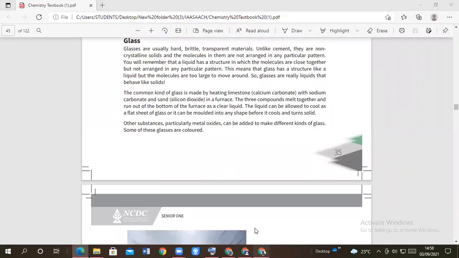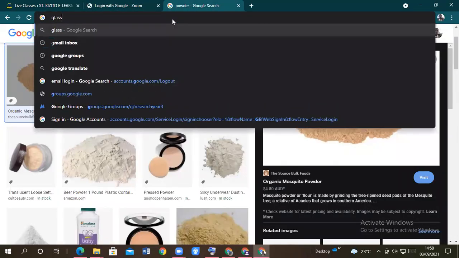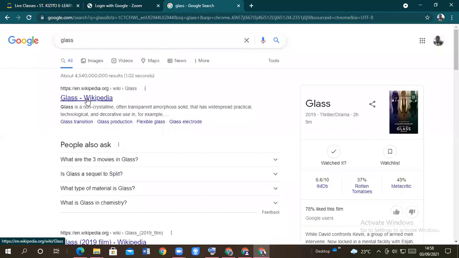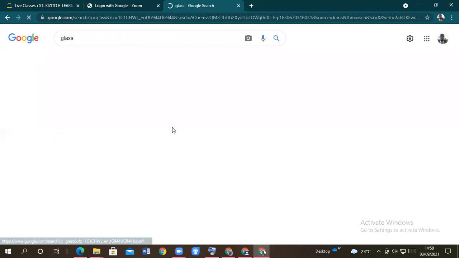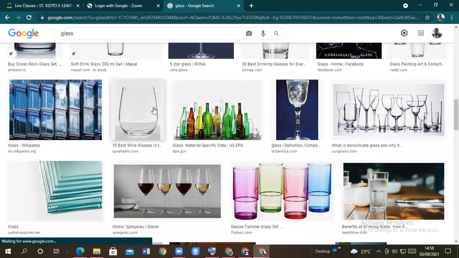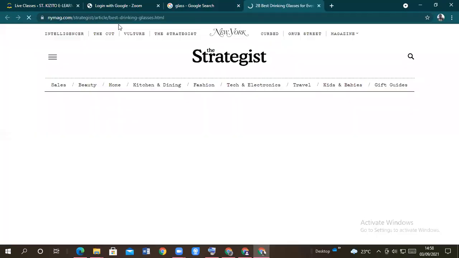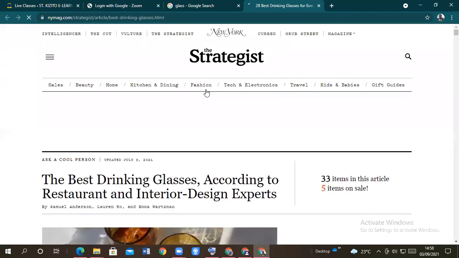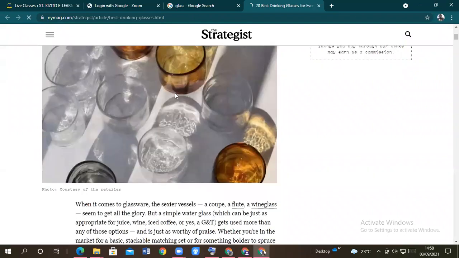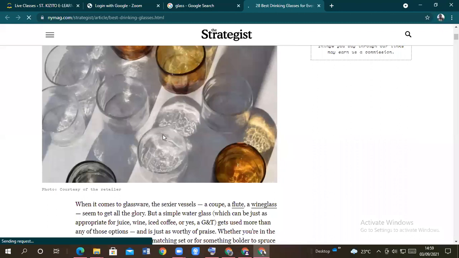Now let me show you the image of glass. I want to show you the hard one. Let's look at this. Here is a different type of glasses we use for taking water.